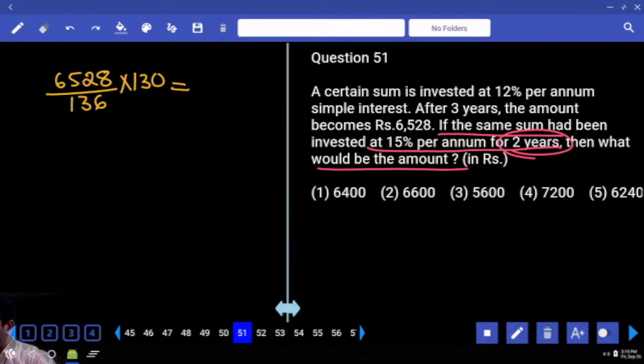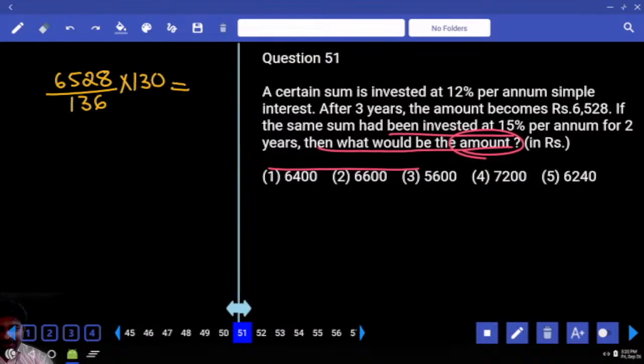Only 1 zero, if not zero, 5. Because the denominator is a 2 multiple. If the denominator is a 2 multiple, this 0 can be cancelled and you may have 5 also. So in your final answer, you should get only 1 zero or a 5 multiple, that's all.